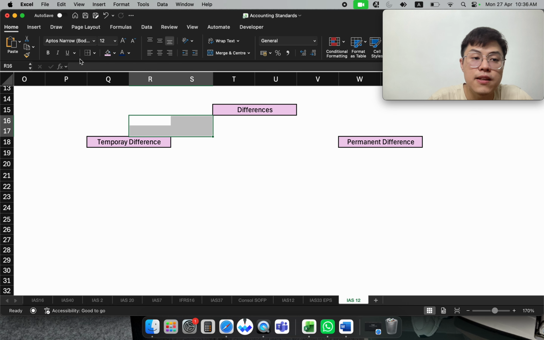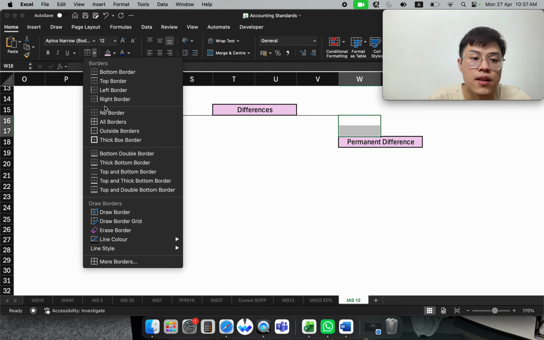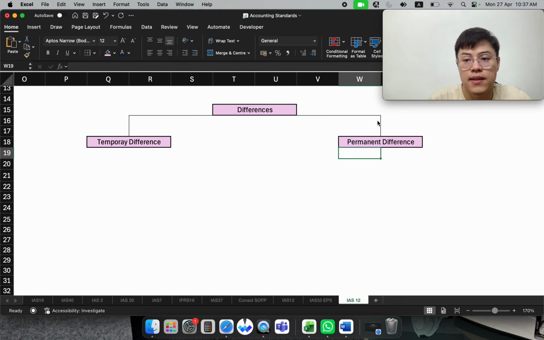As you can see from the words themselves, temporary difference means a difference that lasts temporarily, and one day you are going to resolve it. But for permanent difference, the tax law and the accounting principle won't resolve it one day. In the future also it won't resolve.